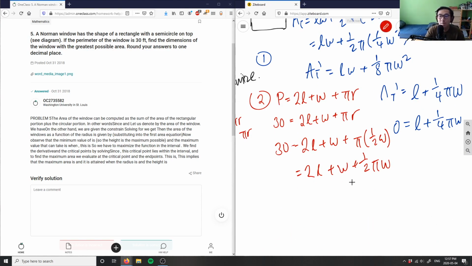I have 2L plus half pi w here. And then I can simplify this by saying 2L plus, I have 2 w's here, so I can say that I have half times 2 pi w here, which is simply just 2L plus, these two cancel out, so I have pi w.